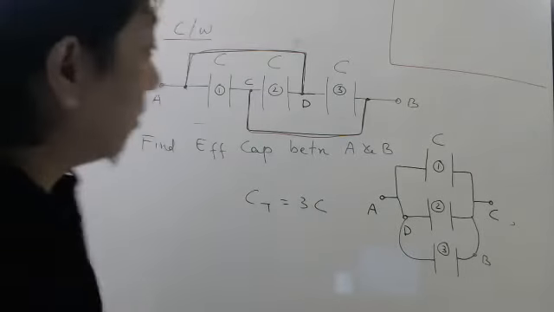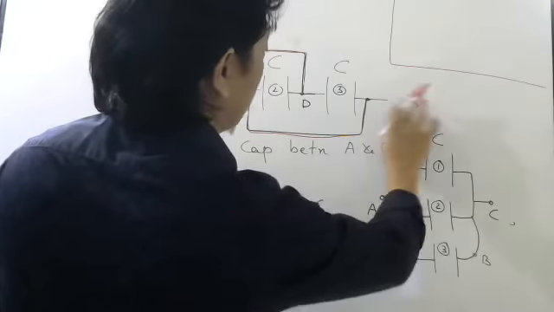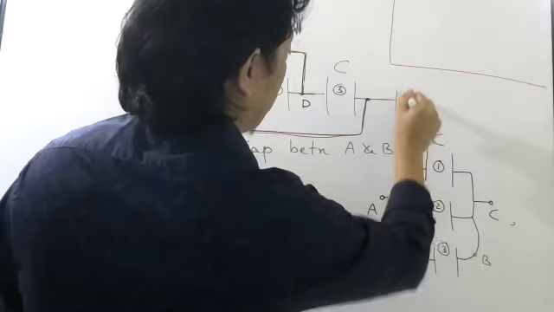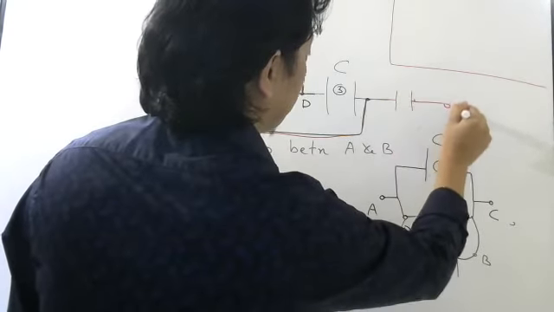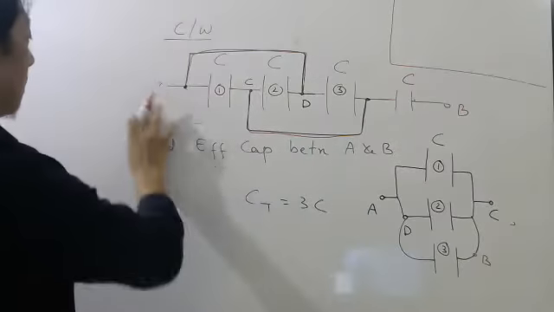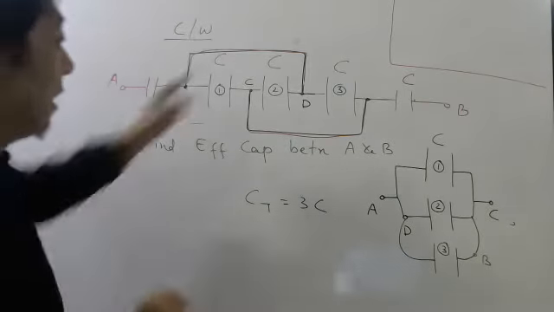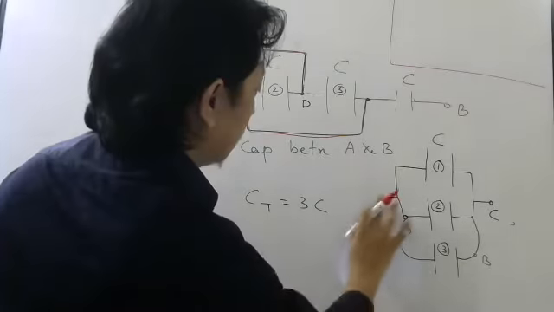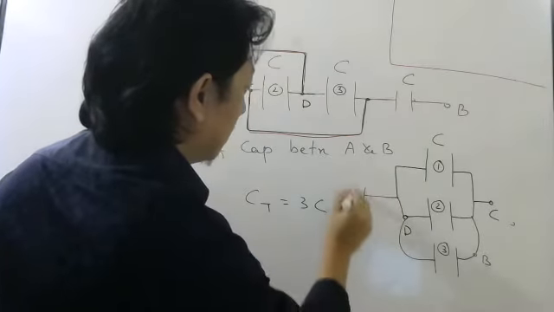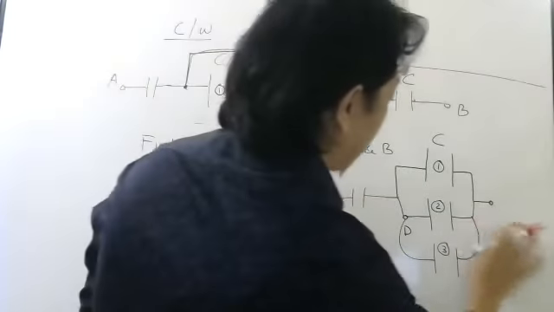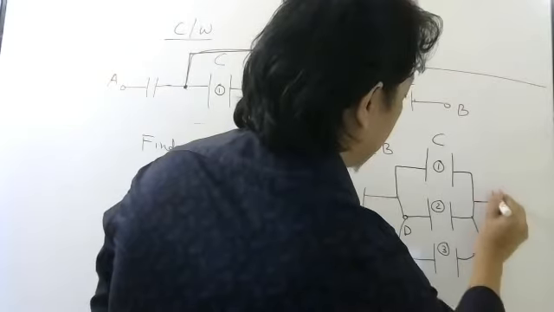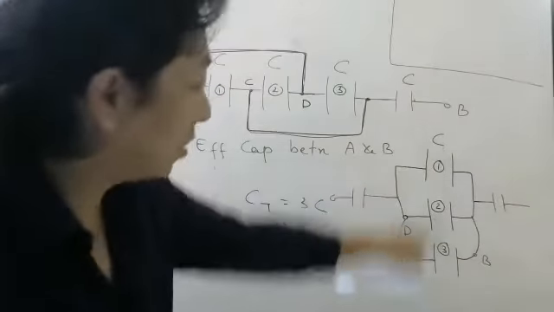Okay. Now sometimes they may add one more capacitor here like this, and one more capacitor here like this. Then they may ask, what should you do? Put one more capacitor here, and one more here. So this is 3C.